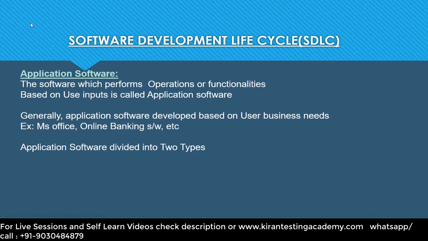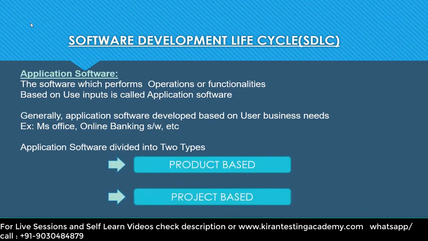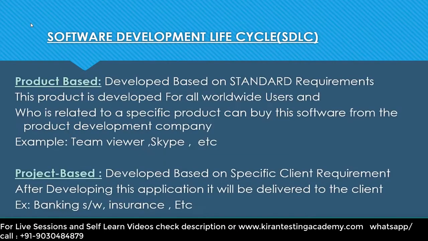But application software is further categorized into two types: product based software and project based software. To understand whether the software is a product or a project, first you need to understand its scope. Let's start with product based first.